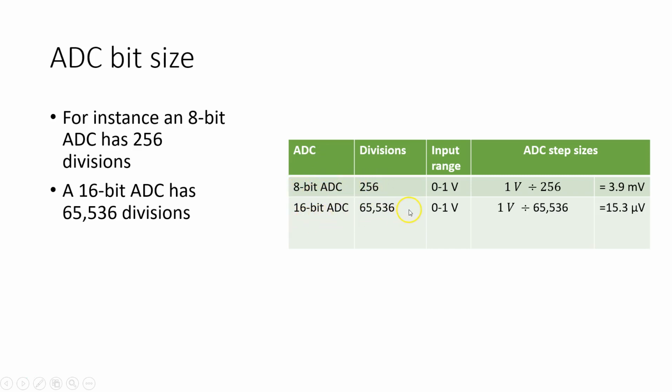A 16-bit ADC is going to have 65,536 divisions. The ADC resolution, or the step size, is here. We can see that for the 8-bit, 3.9 millivolts would be the resolution, and 15.3 microvolts for the 16-bit. So you can see, even just by doubling the bit depth, you have a dramatic improvement in resolution.